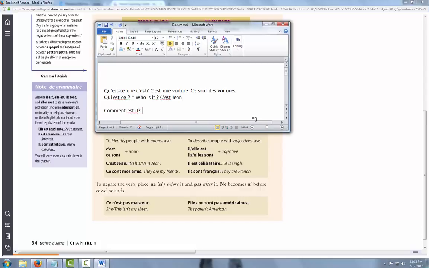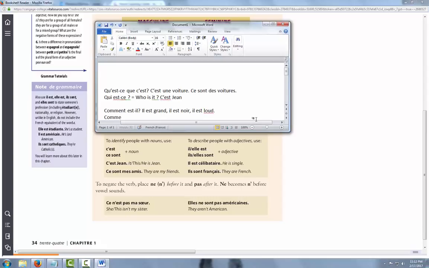Or how is the piano? You will ask, comment est-il? You can say, il est grand. Il est noir. Il est lourd. Lourd means heavy, okay? So you have il est plus the adjective following. So of course it's an adjective, so you don't need an article in between, okay?